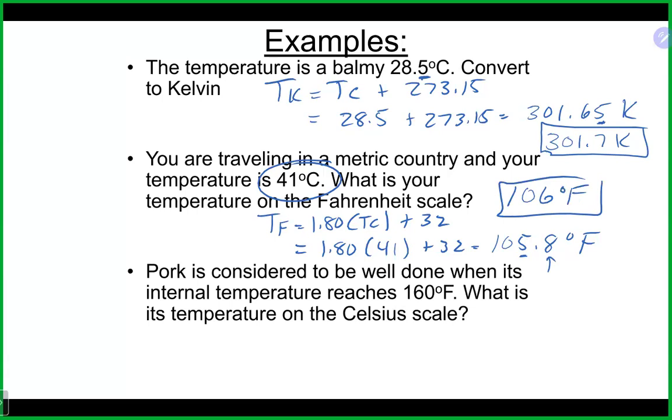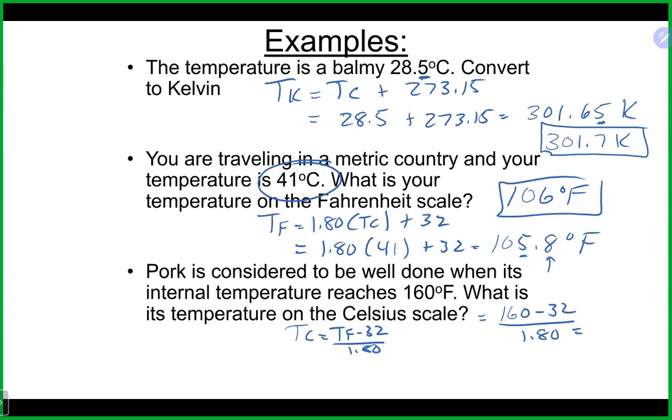Lastly, we got some pork at 160 degrees Fahrenheit, and we're looking for Celsius. So our temperature in Celsius is our temperature in Fahrenheit minus 32 divided by 1.8. So we'll go 160 minus 32 divided by 1.8.